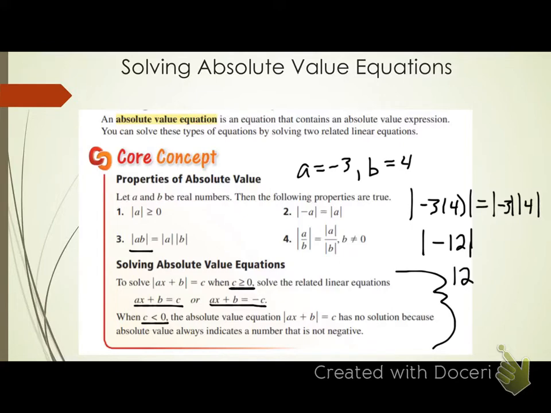So what's the absolute value of negative 3? 3. What's the absolute value of 4? 4. And 3 times 4? 12. You get the same answer, correct? So I can either multiply the numbers first and then take the absolute value, or I can take the absolute value of each number first and then multiply. Okay? And then number 4 is very similar. It's just with division instead of multiplication. Okay? Can I go ahead and move on?